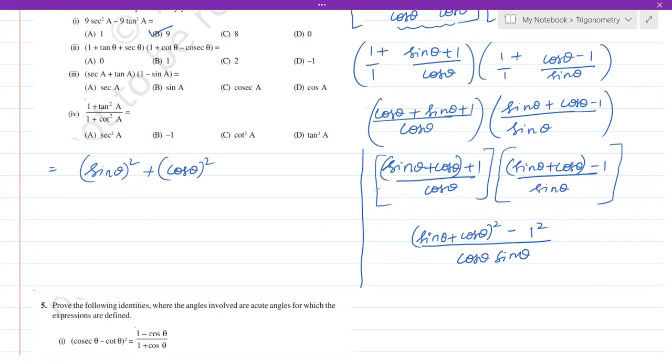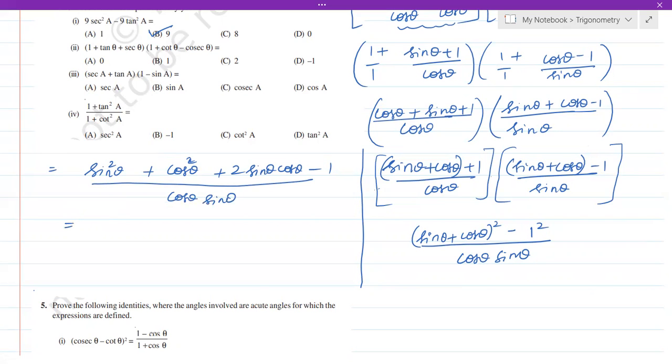A square plus b square plus 2ab, minus 1 square is 1. The sine theta the whole square can be written as sine square theta, and cos theta the whole square as cos square theta. Divided by the denominator cos theta sine theta.